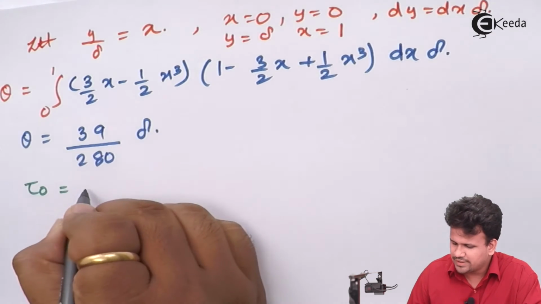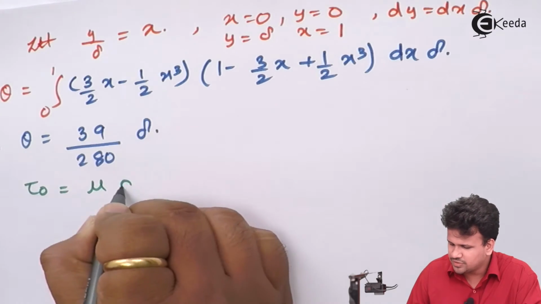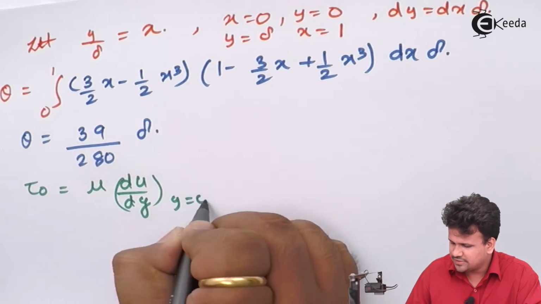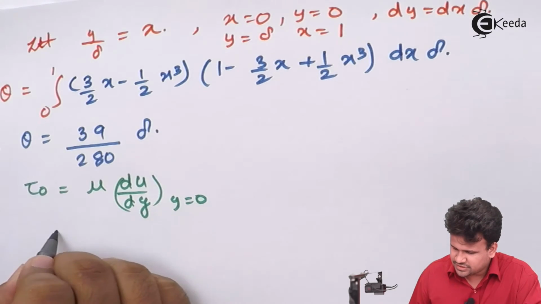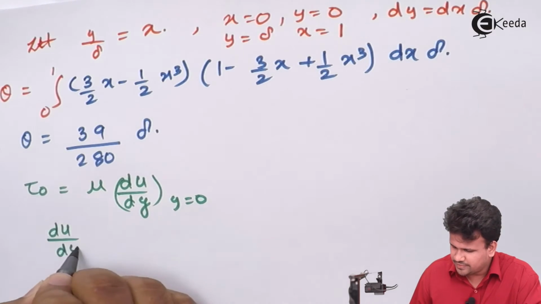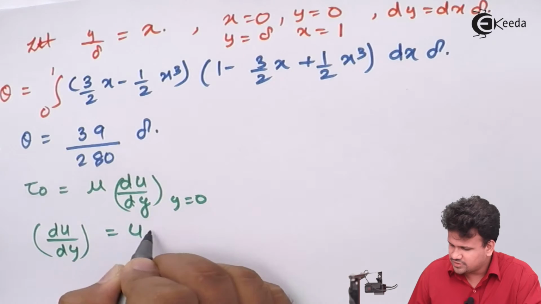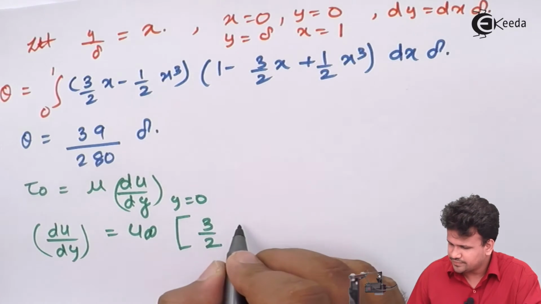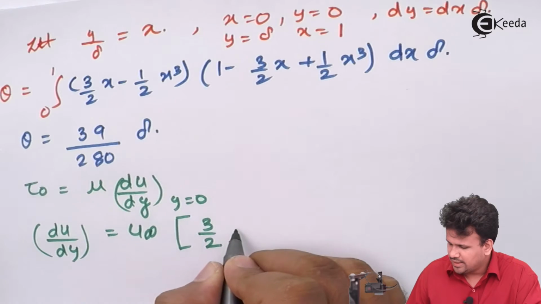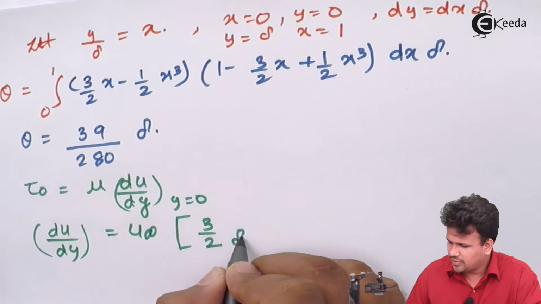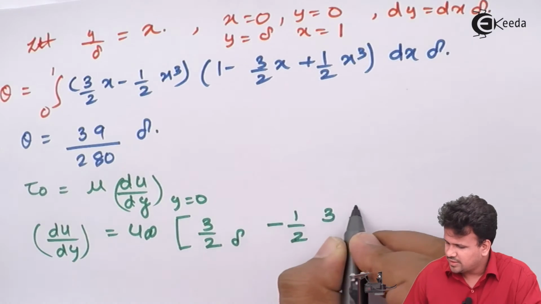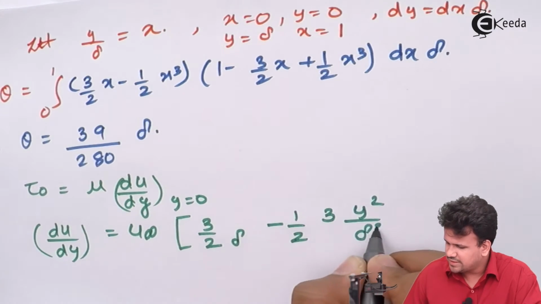We already know by Newton's law of viscosity, this is mu into du by dy at y equal to 0. In the previous sections, we have calculated du by dy, which was equal to u infinity into 3 by 2 delta minus 1 by 2 into 3 y square upon delta cube.